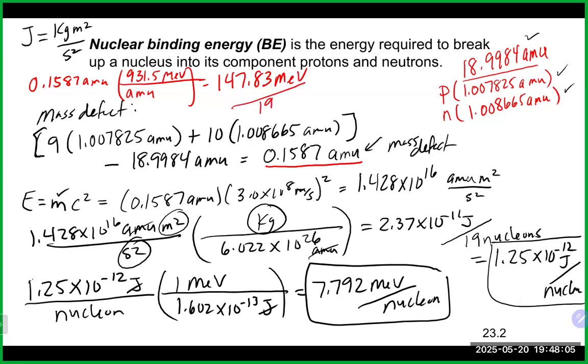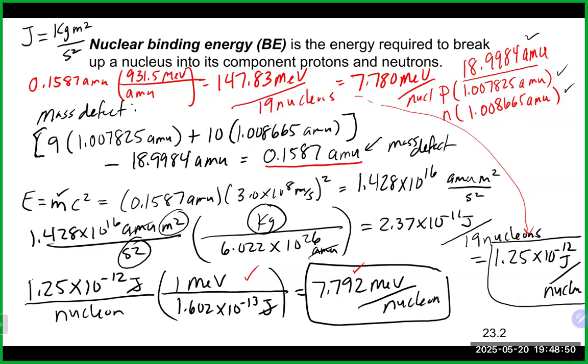You then can divide it by your 19 nucleons. And you should hit that number pretty close to what we have on the bottom there, with the rounding a little bit different, but basically 7.78 mega electron volts per nucleon, which is essentially this number, just with a little bit of difference in rounding. And then at that point, if you wanted to, you could use the other conversion to go to joules. So if you want to just use those conversions rather than Einstein's equation, you could get the same answer. And again, you could use the one from mega electron volts to joules, which is the one that we used down here. You could use that, and it will take you over to this guy if you want to go that route as well. Any questions on that there?